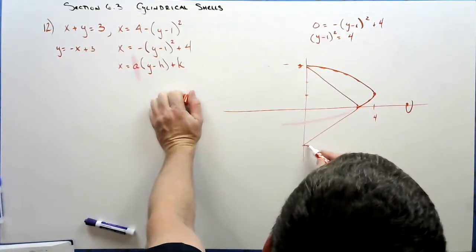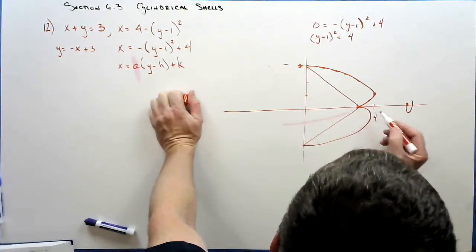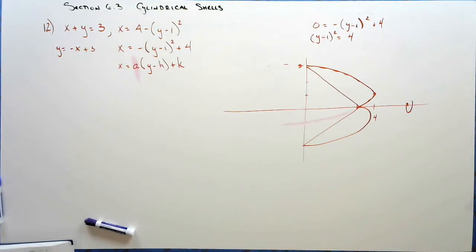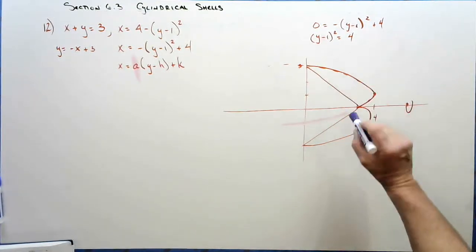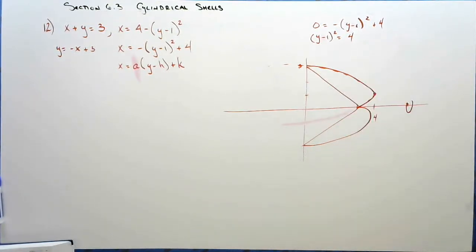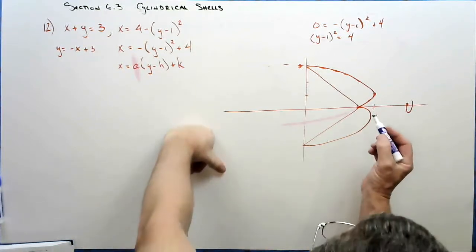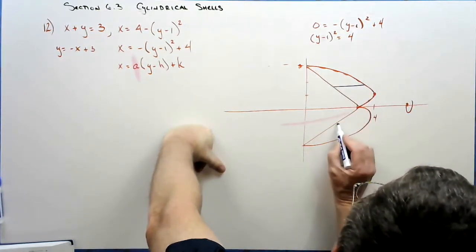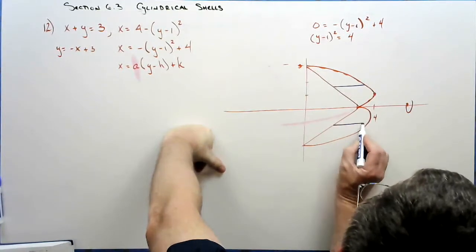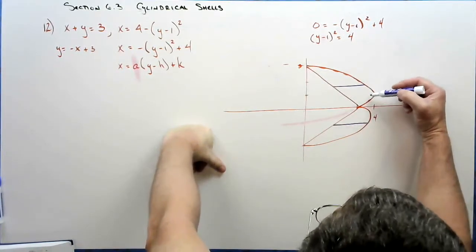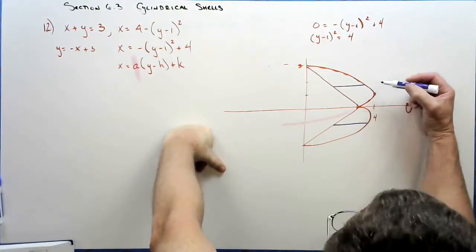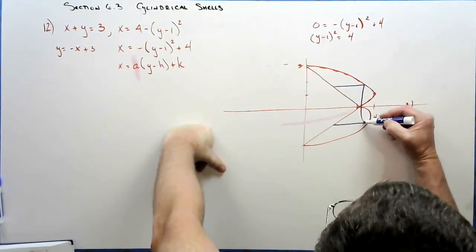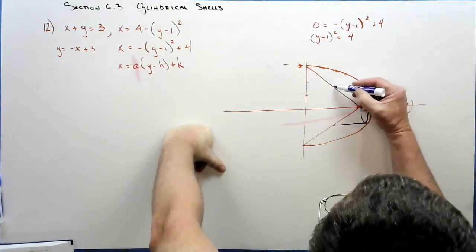If we were to draw this vertically and spin it, that would not make a cylinder, that would make a washer. So we're going to want to go horizontally. Plus, if we went vertically, over here we would be going from function to function. We don't want that. So we're going to get a cylinder that looks like this.